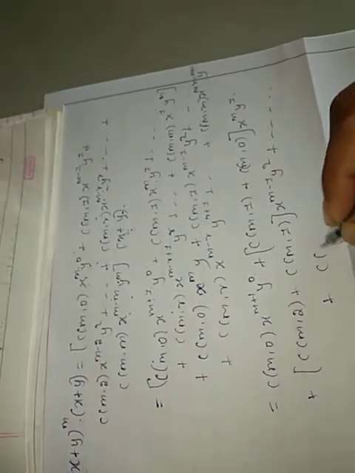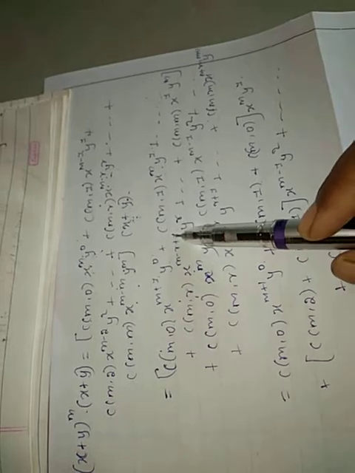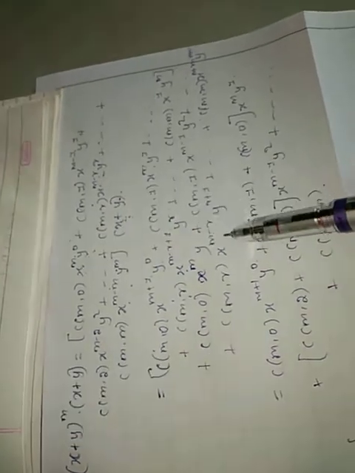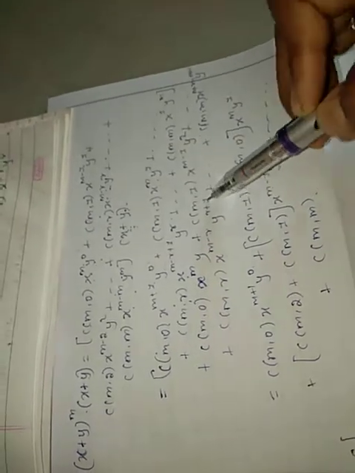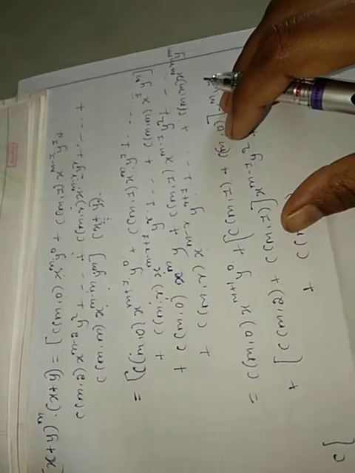The last term is also kept as it is, C(m,m), and the rth term can be written as C(m,r) x^(m-r+1) into y^r. Here it is x^(m-r) into y^(r+1), and the previous term is x^(m-r+1) into y^r.